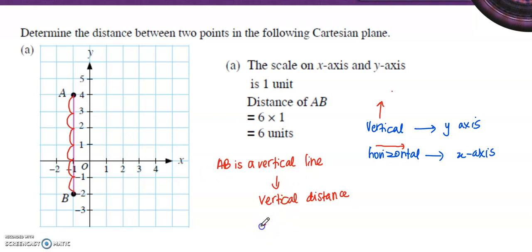So 6 unit. So kita tengok pula pada scale. Scale dia ialah satu kotak ni sama dengan 1 unit. So you just do 6 times 1, so it will be equal to 6 units. That one is vertical distance.